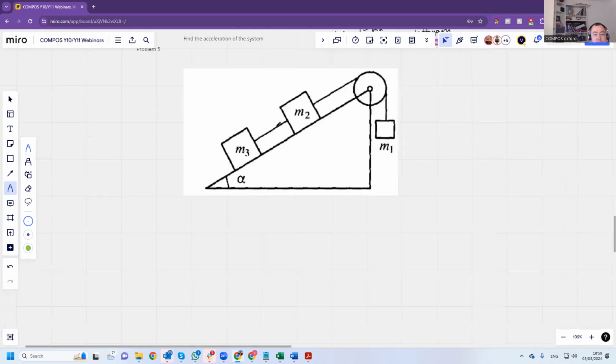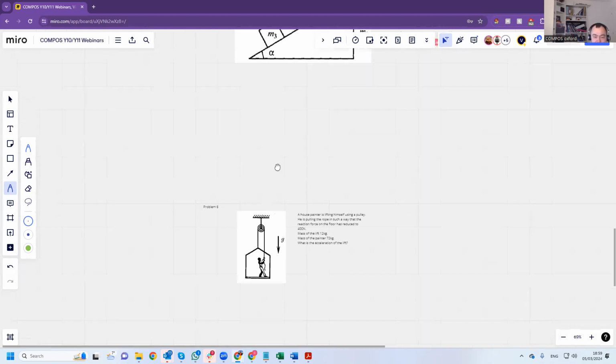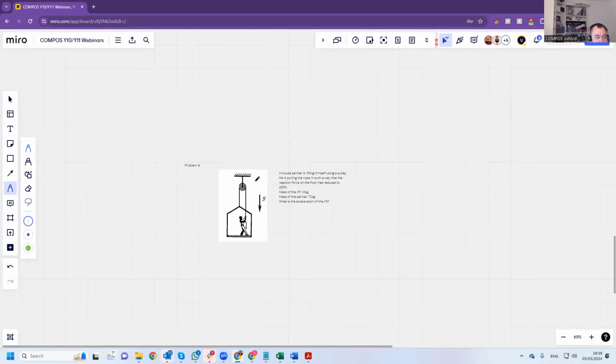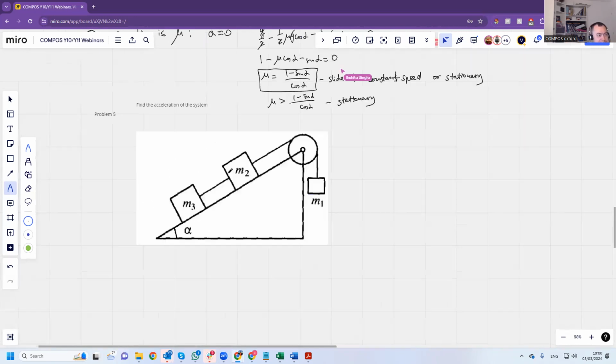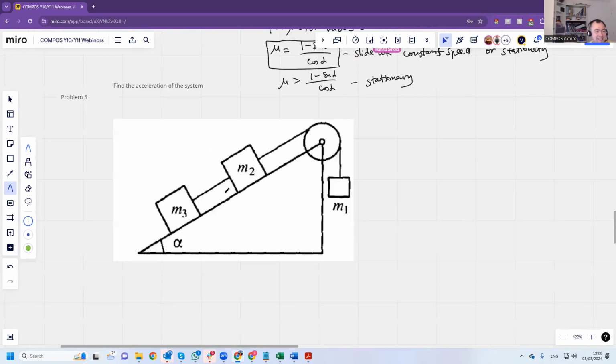Okay, find the acceleration of the system and the person in an elevator lift. Okay, so we have 3 blocks and we need to find the acceleration.